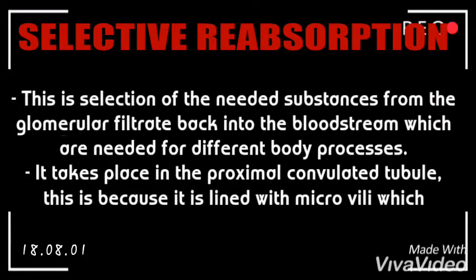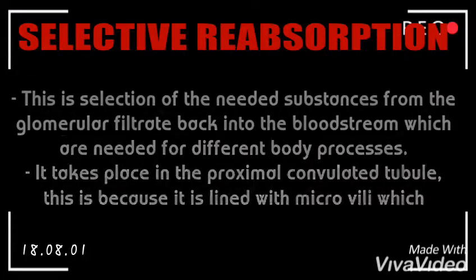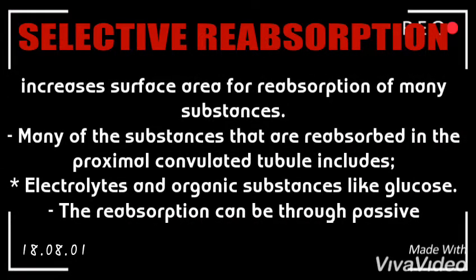Selective reabsorption takes place in the proximal convoluted tubule, because the proximal convoluted tubule is lined with microvilli, which increase the surface area for absorption of many substances. Many of the substances reabsorbed in the proximal convoluted tubule include electrolytes and organic substances like glucose.